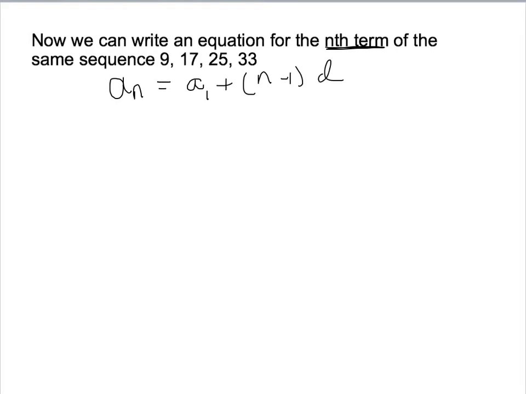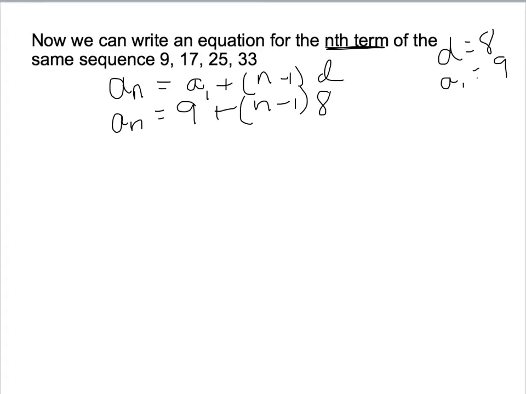Because they're the same terms, I still have d is equal to 8, and I still have my first term, a sub 1 is 9. So I don't know a sub n, my first term is 9, plus n minus 1, since we don't know what term it is, times the difference, which is 8.